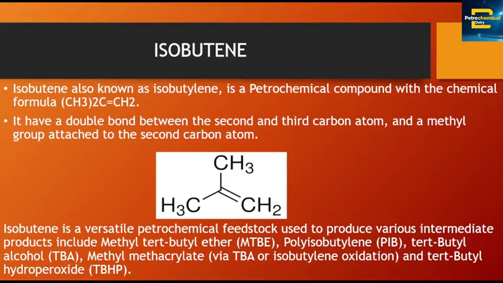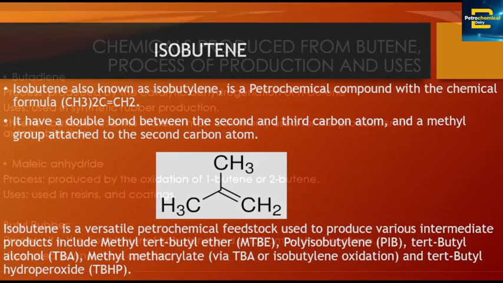Isobutene is a versatile petrochemical feedstock used to produce various intermediate products, including methyl tert-butyl ether, polyisobutylene, tert-butyl alcohol, and so on and so forth.